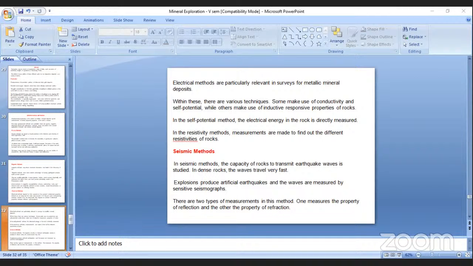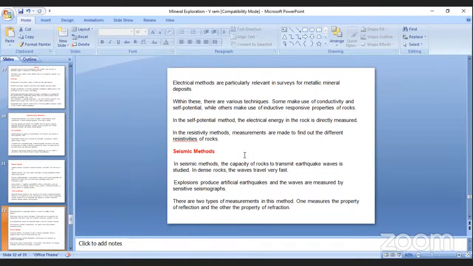And next one is the seismic method. The seismic method speaks about the capacity of rocks to transmit earthquake waves: how much capacity it has, how much intensity the waves have, and how they are transported from one rock formation to another rock formation.